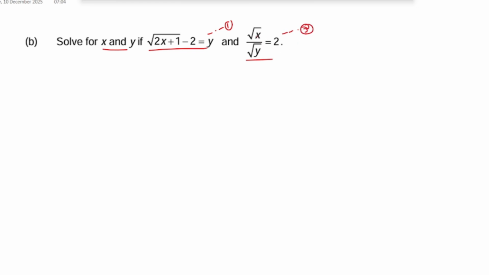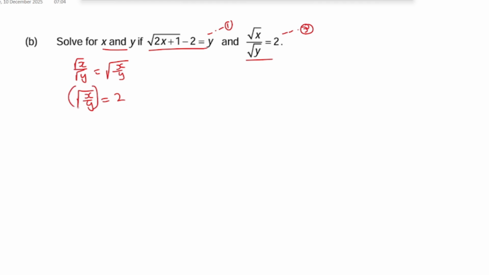From equation 2, we can isolate one variable. Let's see how we can do this. Remember, square root of x over square root of y is the same as square root of x over y. Do you remember that? So we can write equation 2 as square root of x over y is equal to 2. Then we square both sides.